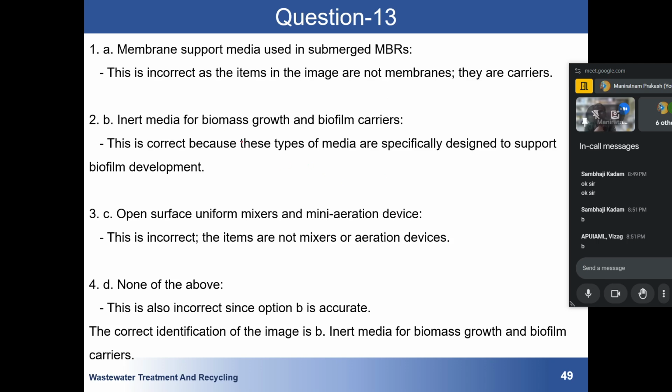So this is the correct option. They are not by membranes, obviously, not mixture.